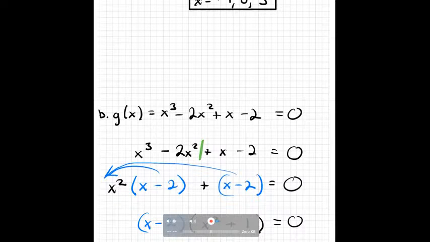Let's see. So we want to check these results that we got in the context of the original.